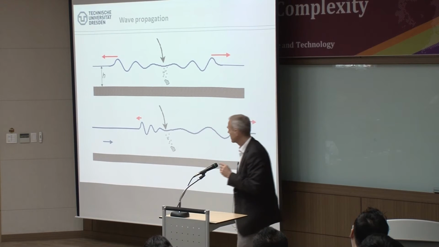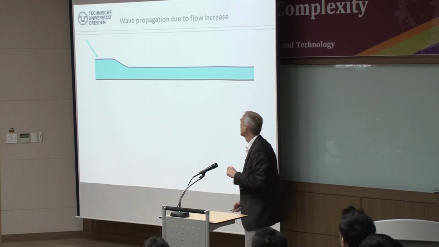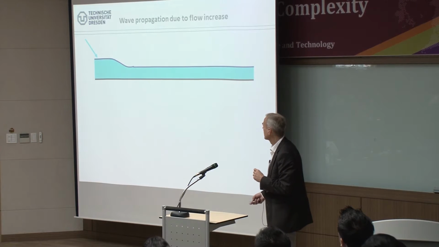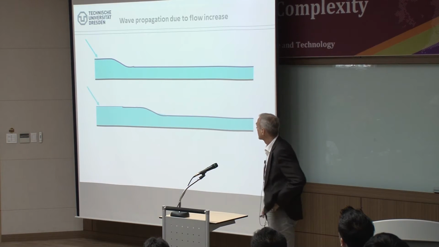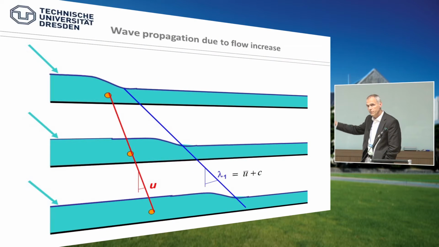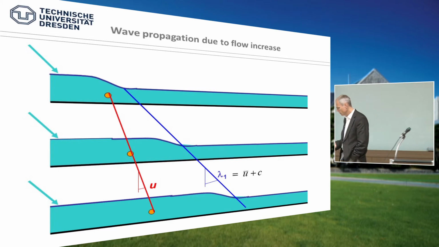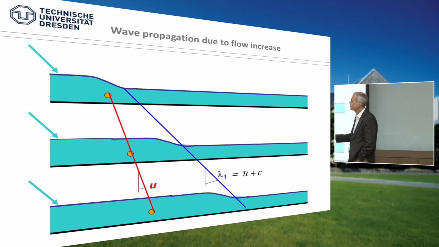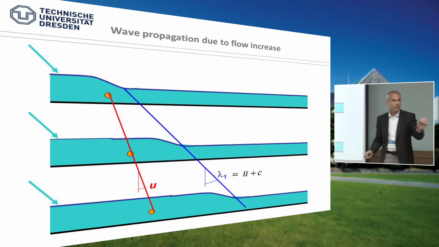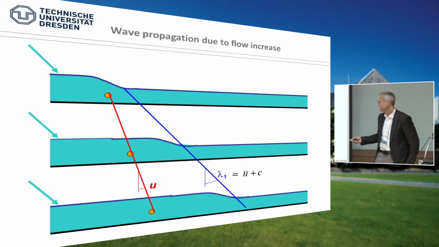Okay, now the interesting thing happens when we analyze the wave propagation velocity on the one hand, which is shown here, and the flow velocity on the other hand, when we assume that we use a kind of tracer to trace and visualize the flow velocity in the moving water body.